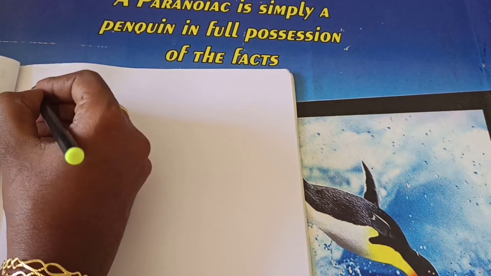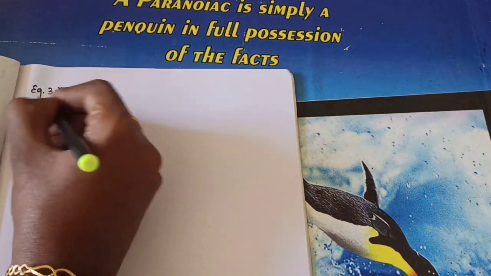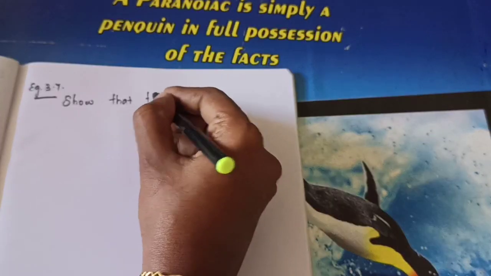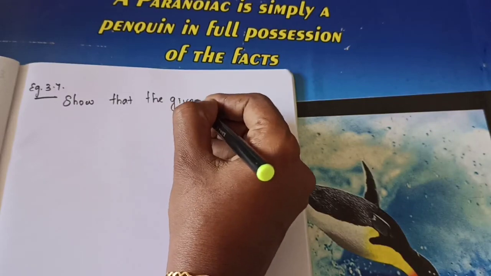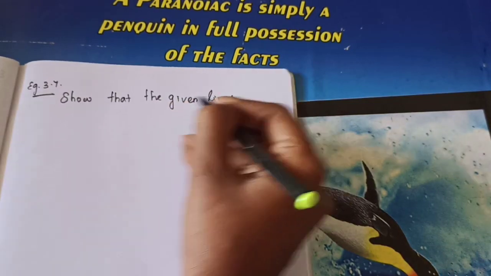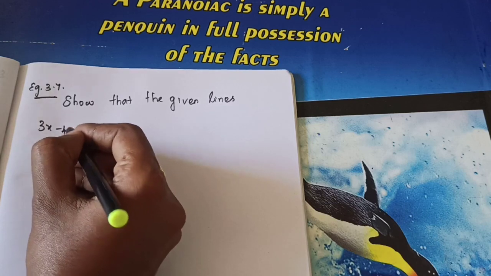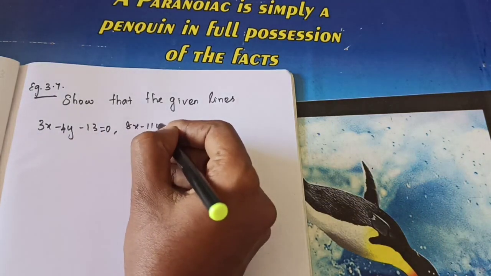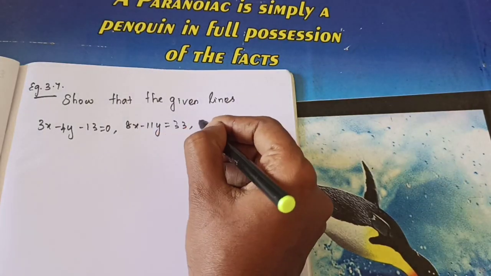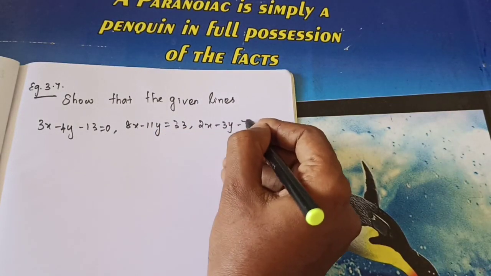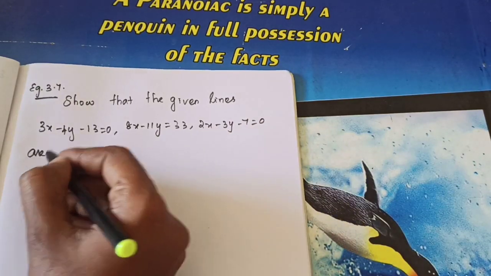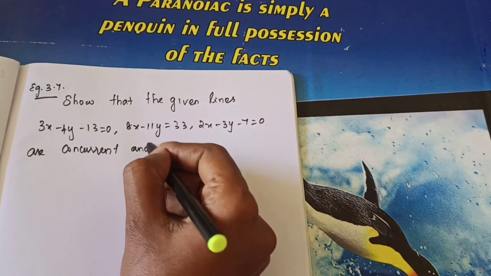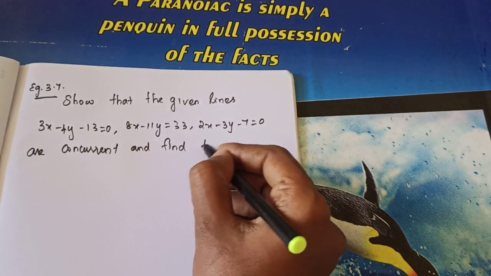Question is example 3.7. Show that the given lines 3x minus 4y minus 13 equal to 0, 8x minus 11y equal to 33, 2x minus 3y minus 7 equal to 0 are concurrent and find the concurrent point.